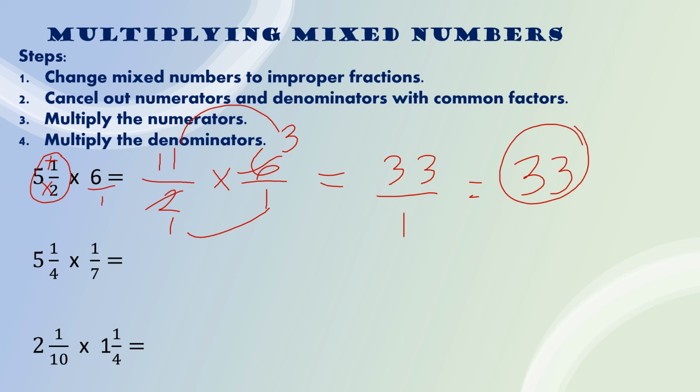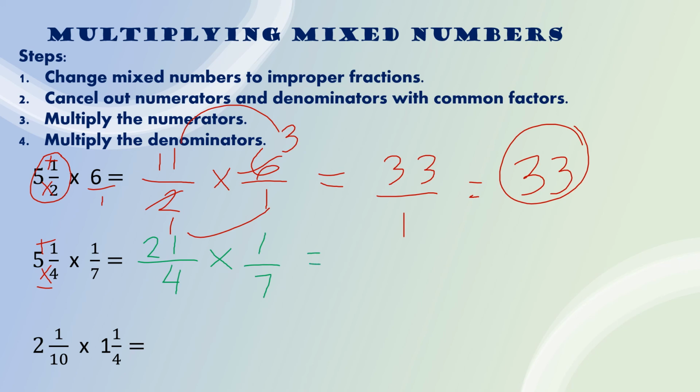Okay, let's go to number 2, 5 and 1/4. So we will change this to improper. 4 times 5 is 20. 20 plus 1 is 21. Let's change this to green so you can see. So it's 21 over 4 times, let's just copy the 1 over 7.